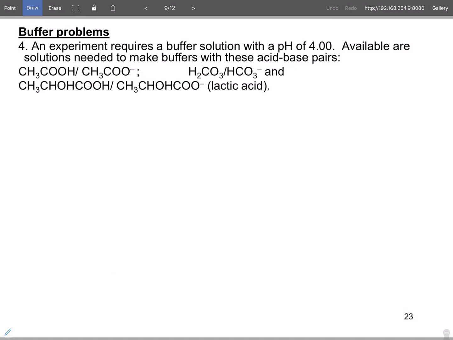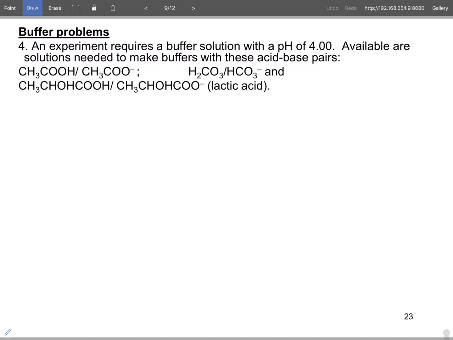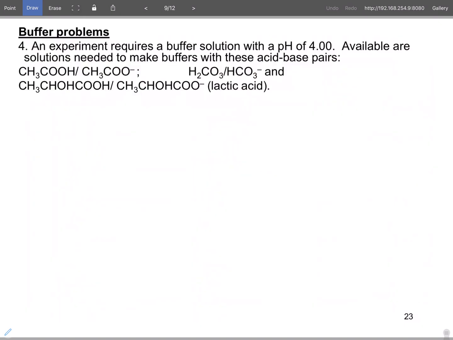Okay. Now, one question that always comes up is, how do you know which buffer to pick? Well, that's actually a really simple question, assuming you have the chart. Now, I got the chart over here, but let's pretend we don't have the chart. So this is acetic acid, which has a Ka equal to 1.8 times 10 to the minus 5th. So the pKa is equal to 4.74.